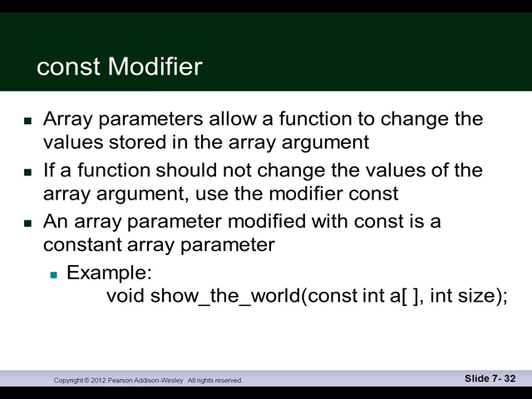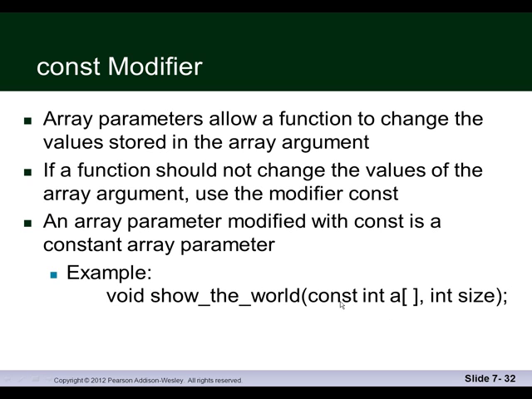Now if I don't want to change the stuff in my array, I'm going to use the const. If I use const here, that means my array cannot be changed inside the method. So if I or anybody else goes into that method and tries to modify the content of my array, it's going to get a compiler error.